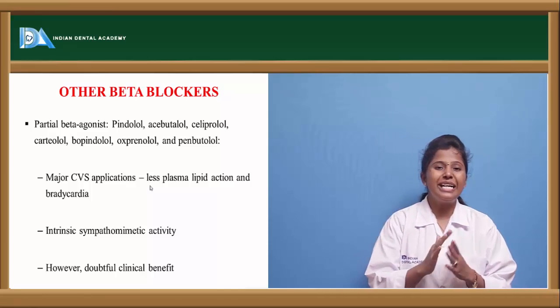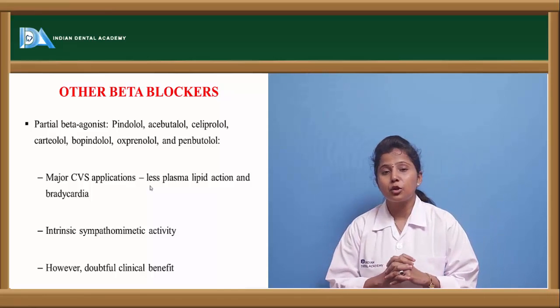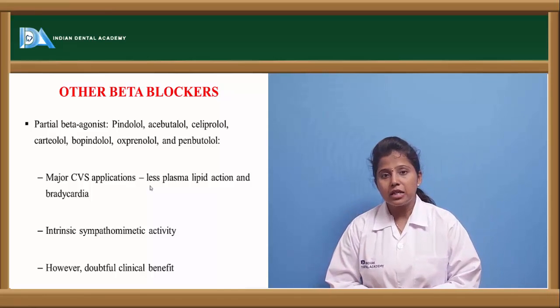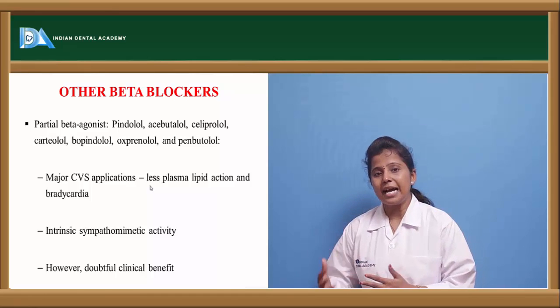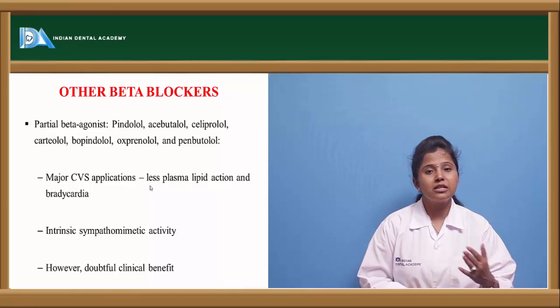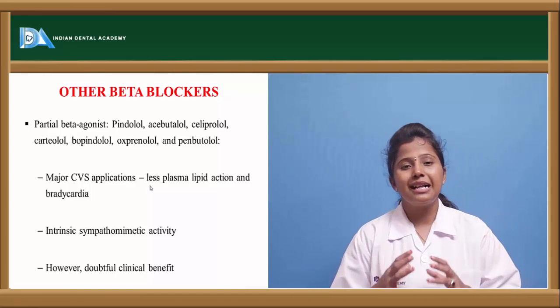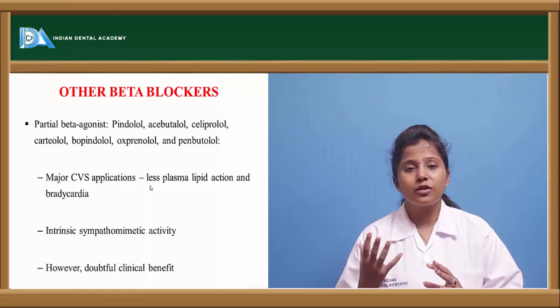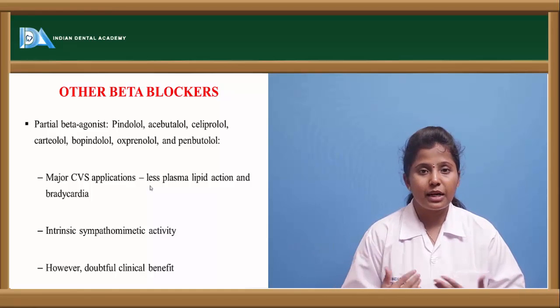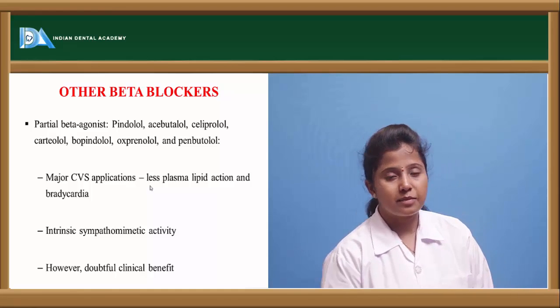Apart from that, they show intrinsic sympathomimetic activity, mimicking the stimulation of the sympathetic nervous system, and that is the reason their clinical use is very low compared to other beta receptor antagonists.